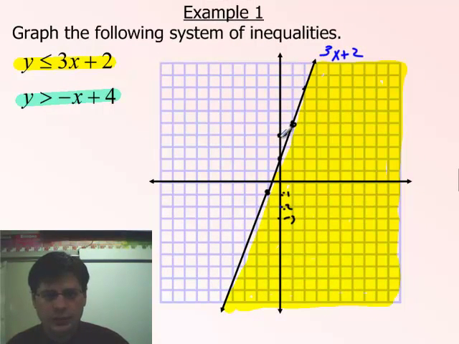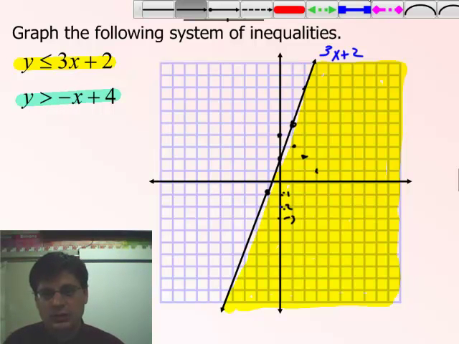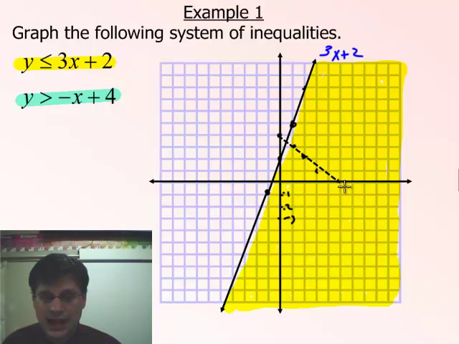So there's our y-intercept, and we go down 1, over 1, down 1, over 1, and down 1, over 1. Notice that this one lacks the equal to part. It's just a greater than sign. So that means any point on the line is not a solution. So we must use a dashed line, representing a limit here, but not including the line itself.